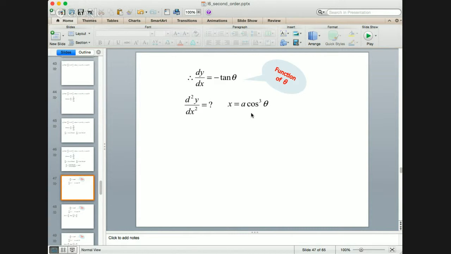So in the second order derivative of parametric functions, again the derivative, that is a first order derivative, if it is again a function of theta, the parametric differentiation needs to be brought in. And in order to simplify and understand it in a different way, let me call dy by dx as z. So to find the second order derivative of y would be the same as finding the first order derivative of z now. So I have to find dz by dx. z is a function of theta and x is also a function of theta.